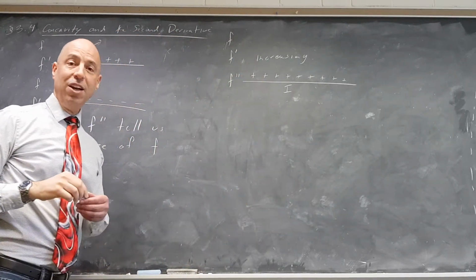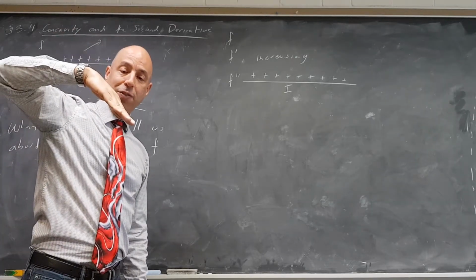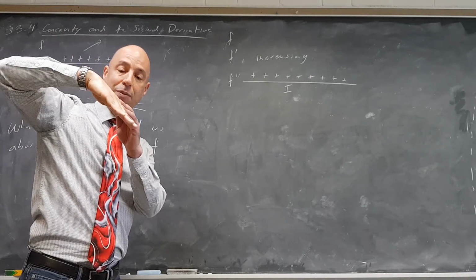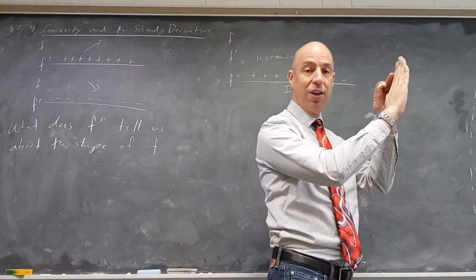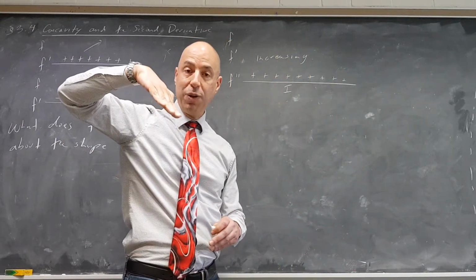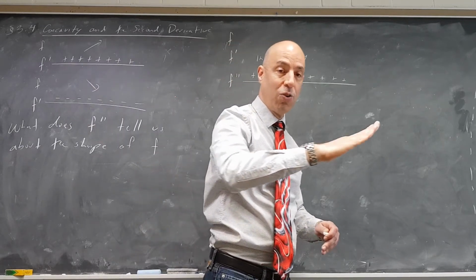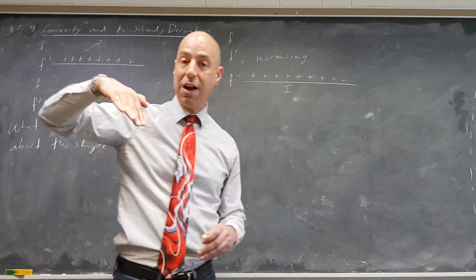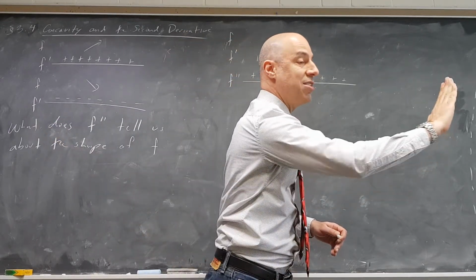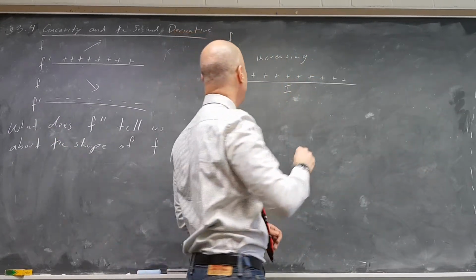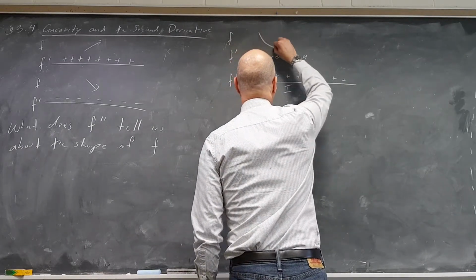If the first derivative is increasing, it means that the first derivative, the slope of the tangent line, is becoming less and less negative and more positive as I move from left to right. If you started to draw that with your hands, where the slope is becoming less negative and more positive, what you end up with is a shape like this.